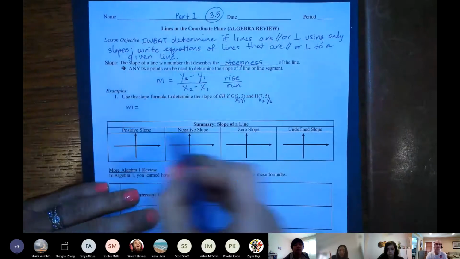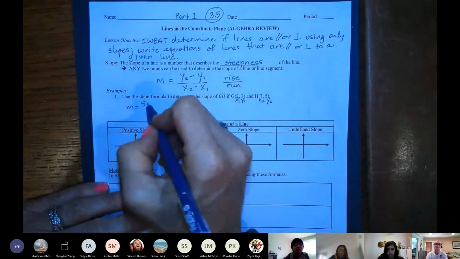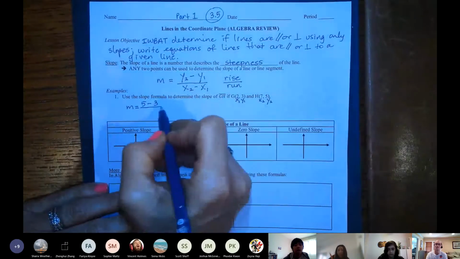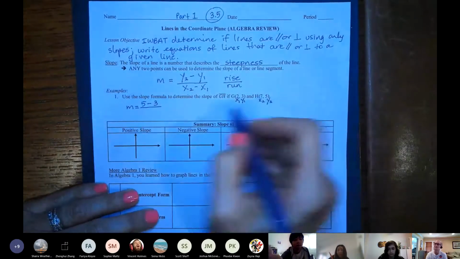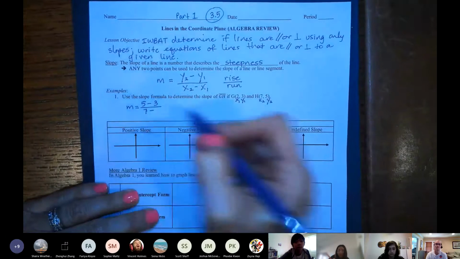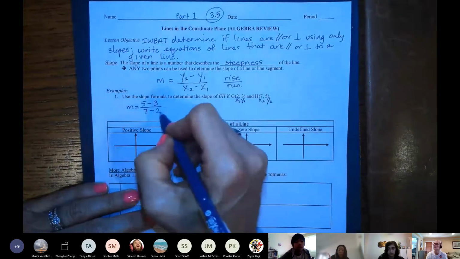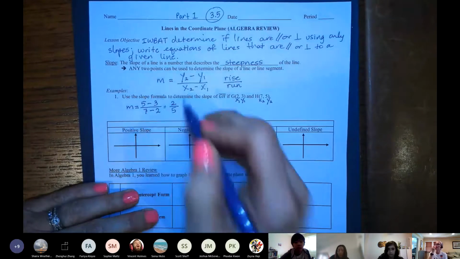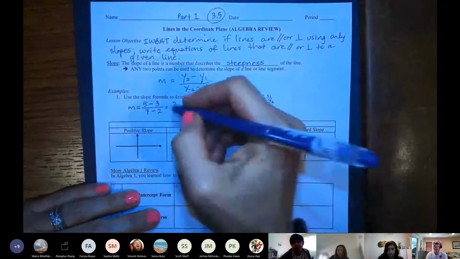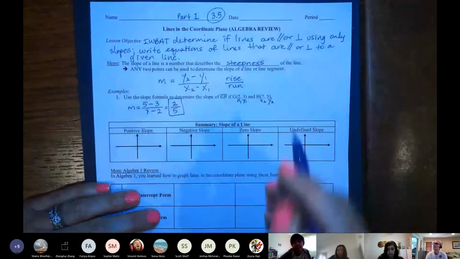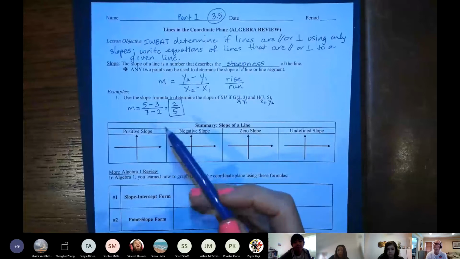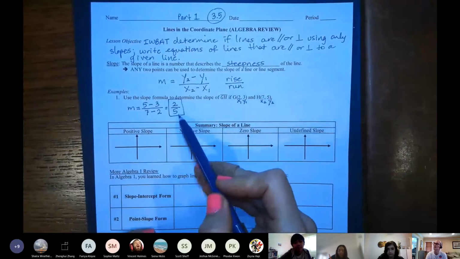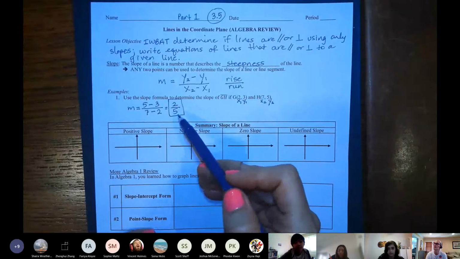So the slope is equal to 5 minus 3 divided by 7 minus 2. I would simplify, I get 2 over 5, and that is the slope. So it means that from any point to another point on a line, you would go 2 up and 5 over. That's what that means.